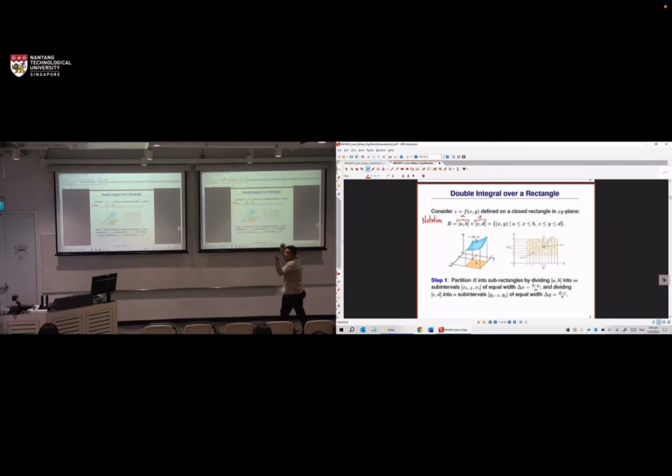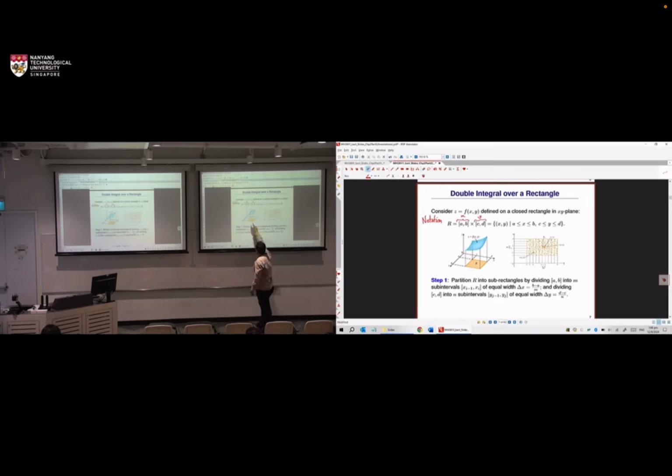How come AB multiply CD? They are not multiplication. They are telling you X is defined between A and B inclusive, and Y is defined between C and D inclusive.